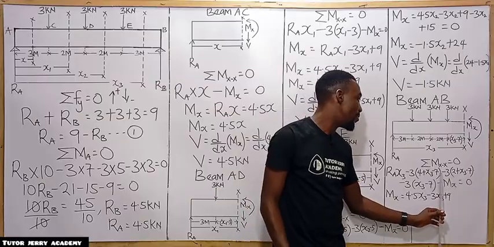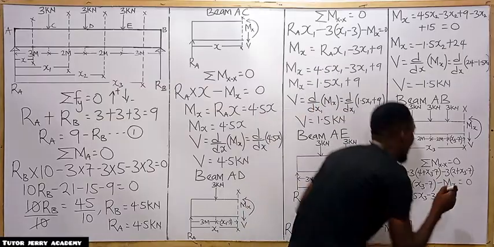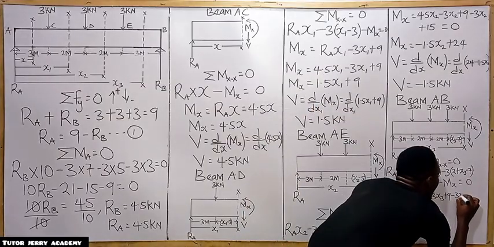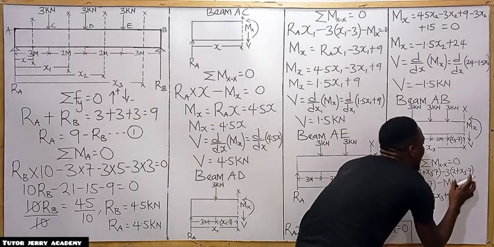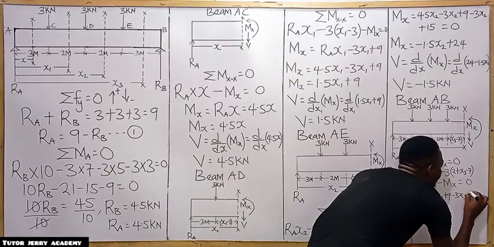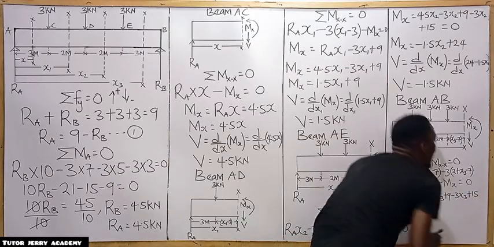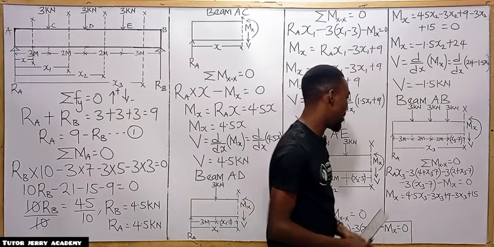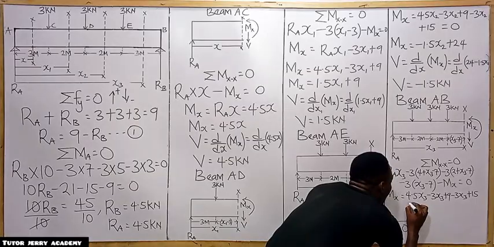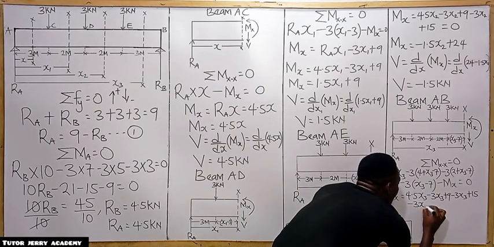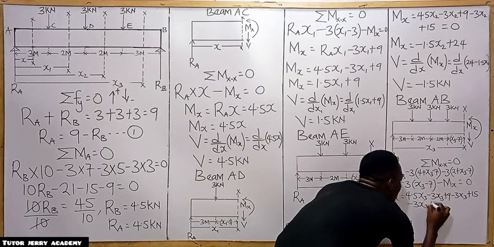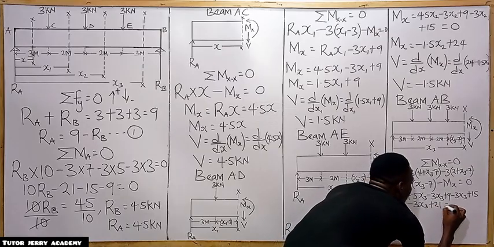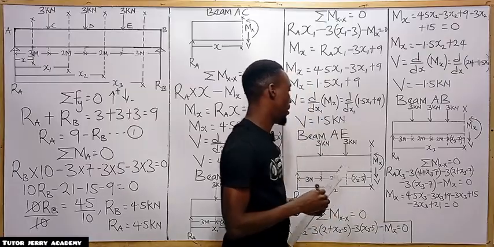If we multiply that by minus 3, we are going to be having minus 3 S3. Then minus 3 multiplied by minus 5 is positive 15. All right. So here, if we multiply this, we are going to have minus 3 S3, then plus 21 equals to what? 0.